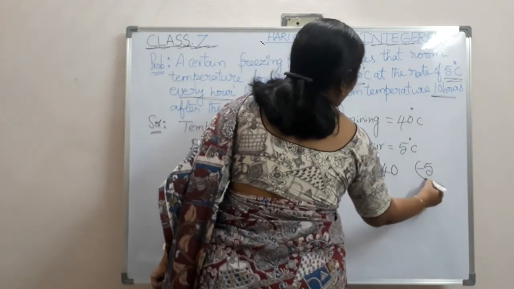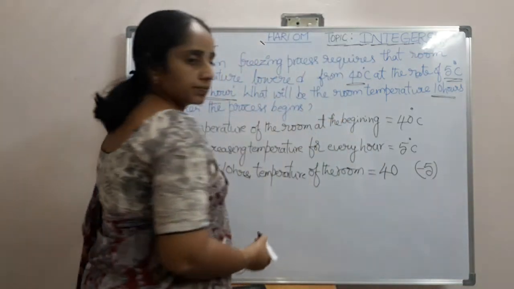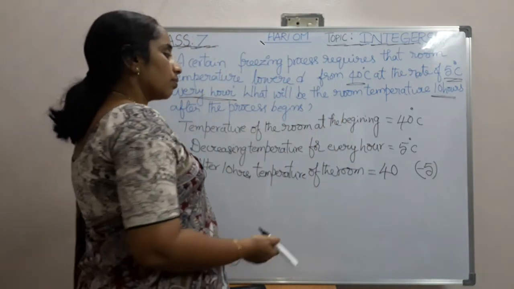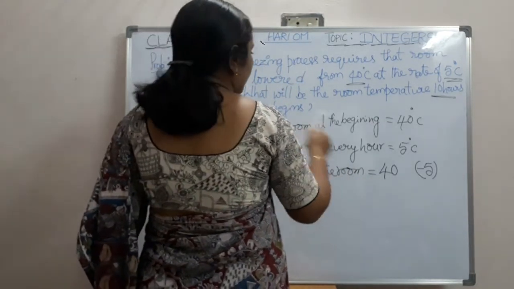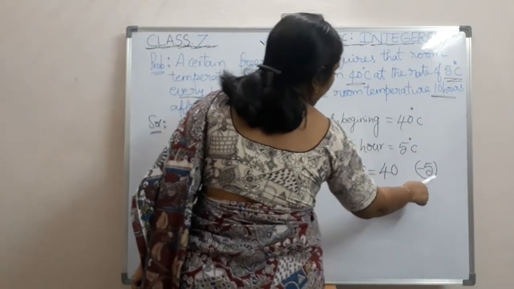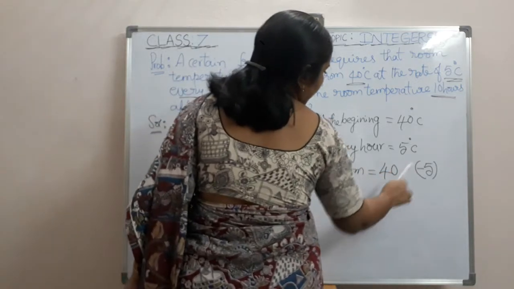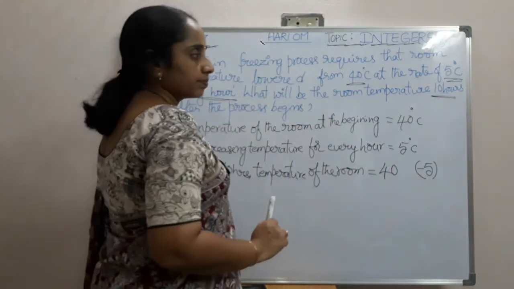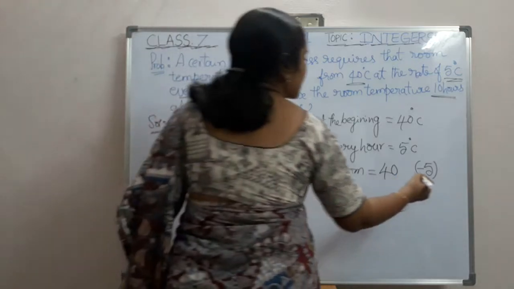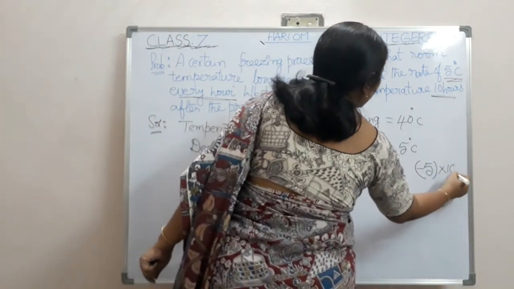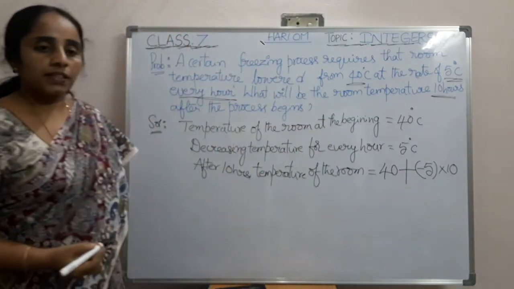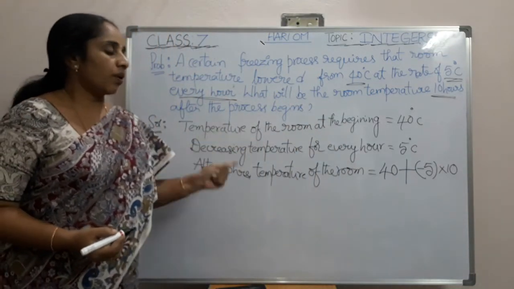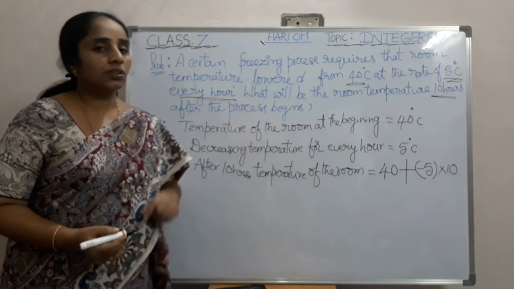Decrease means we should take that as minus, no? So, initially it is 40. For every hour it is decreasing at the rate of 5 degrees, so it is minus 5. For 10 hours means it is into 10.